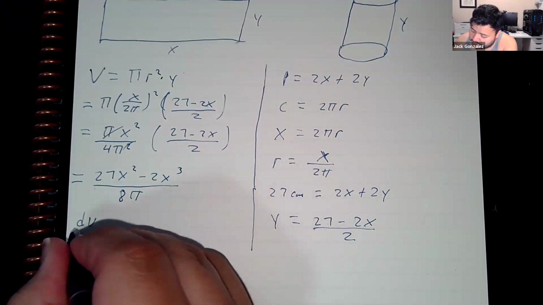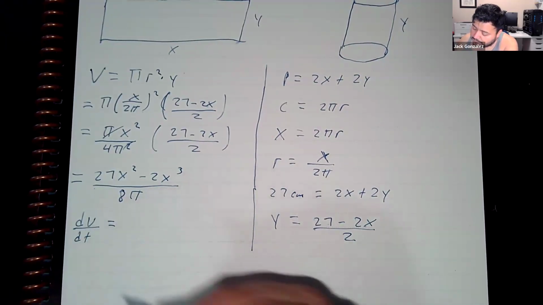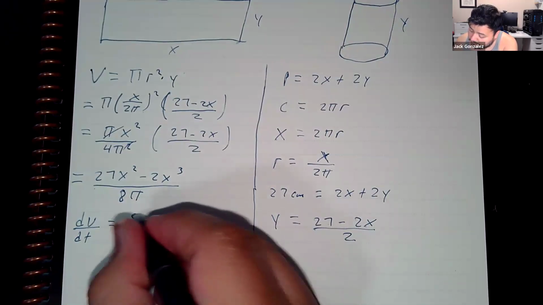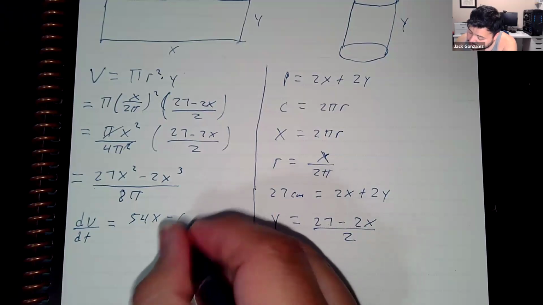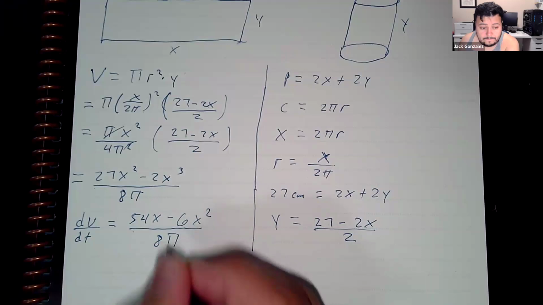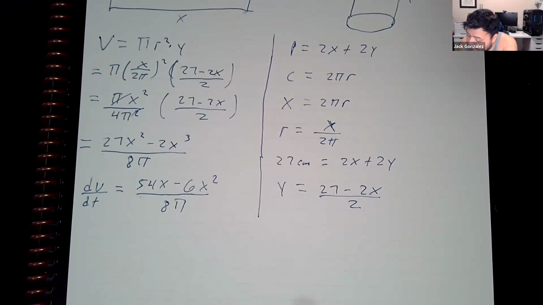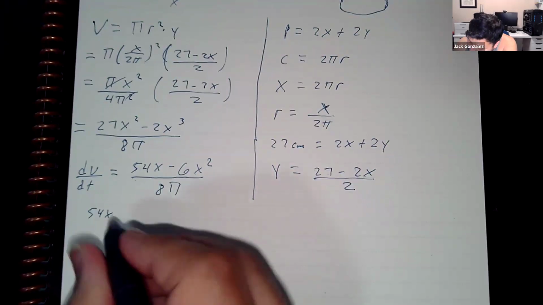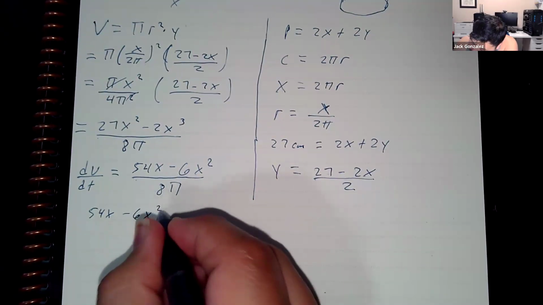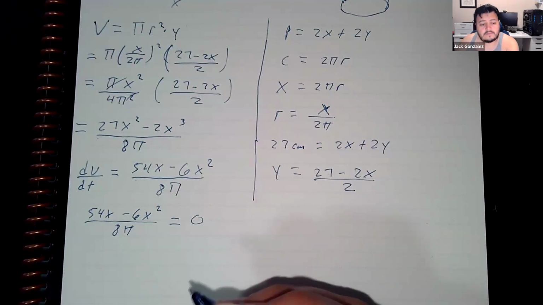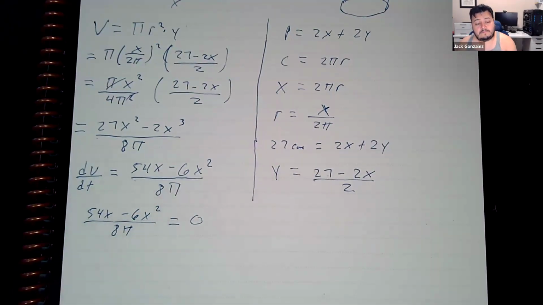Since we're trying to optimize, take your derivative. That will be 54x minus 6x squared over 8 pi. Set this to 0 and solve for x.